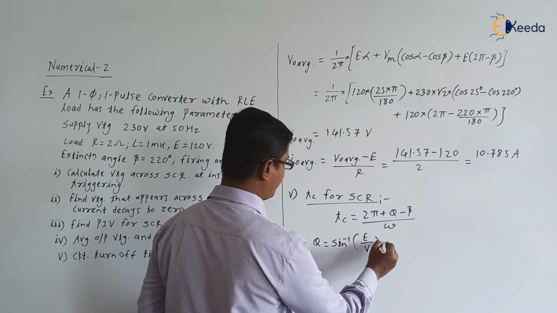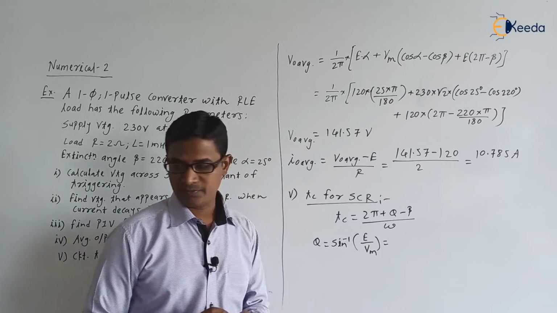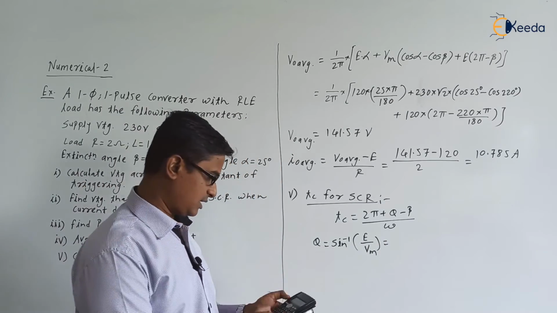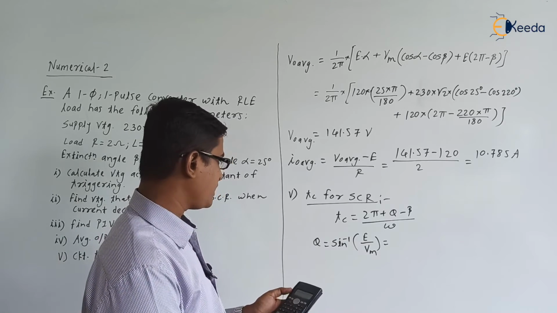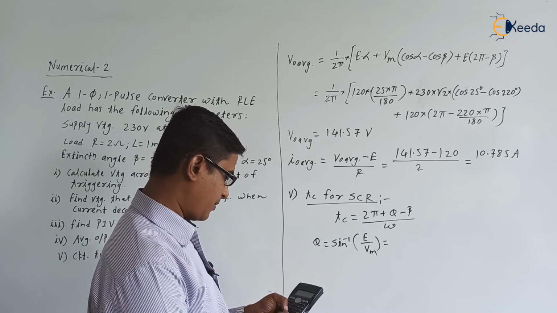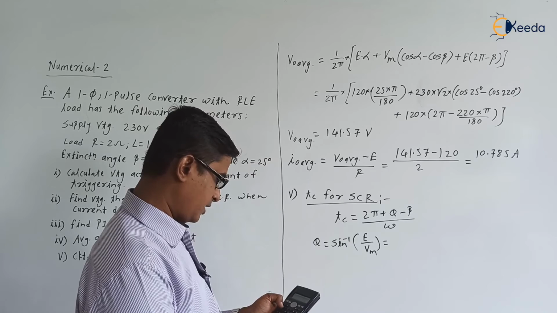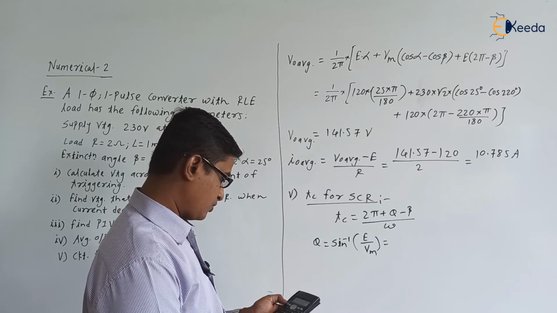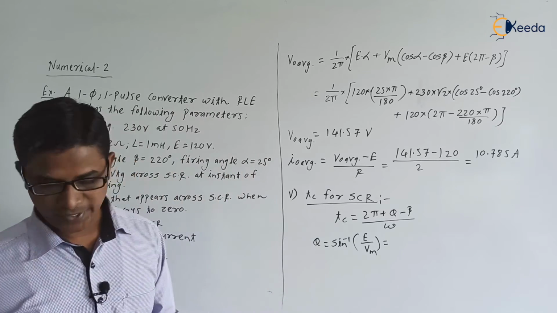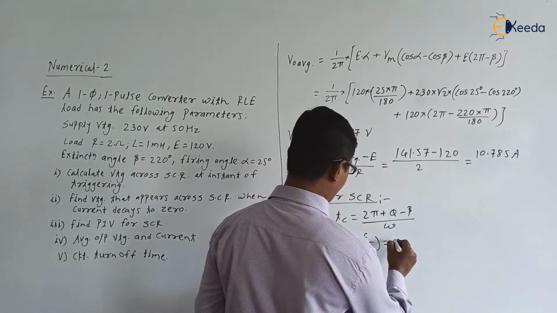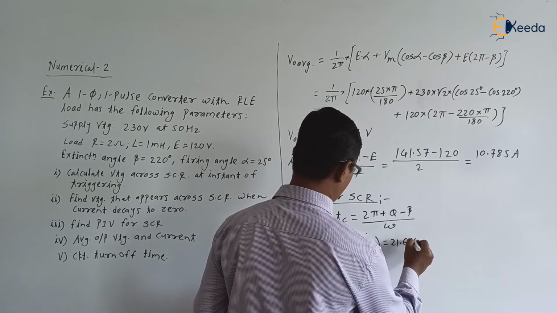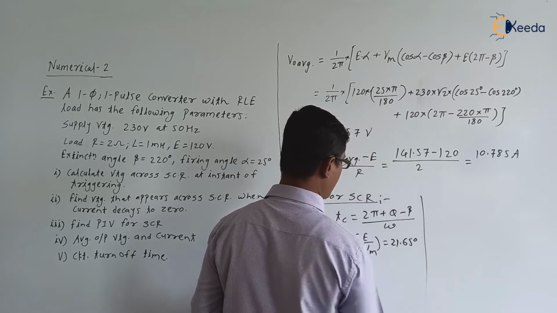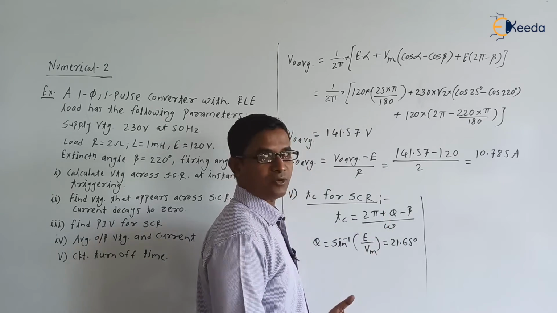So this is sine inverse of E, which is 120, divided by Vm, Vm is 230 into root 2. So it is 21.65 degree. So this is theta.